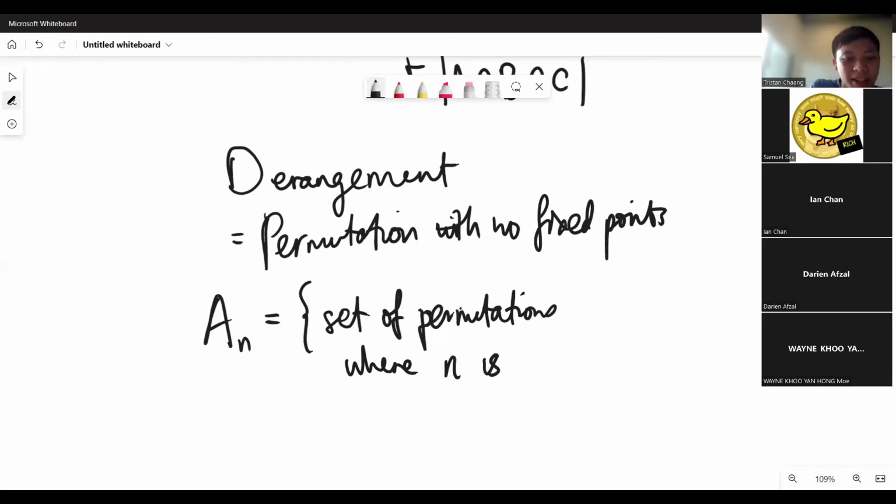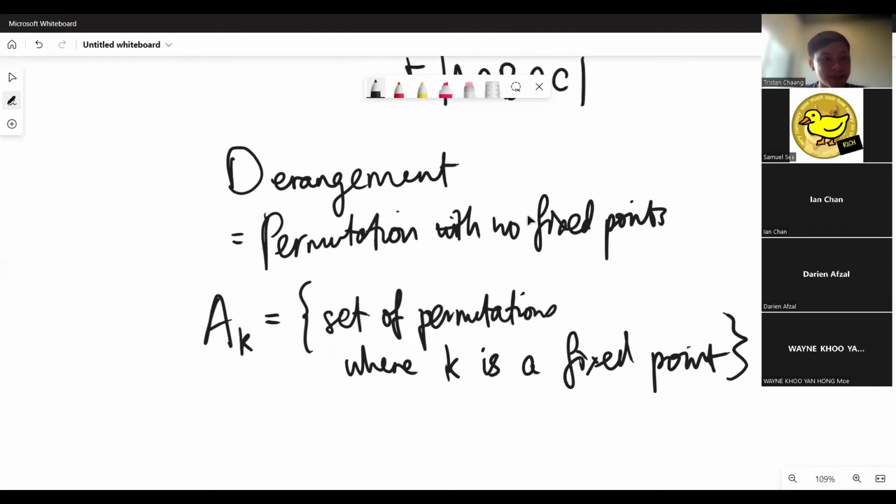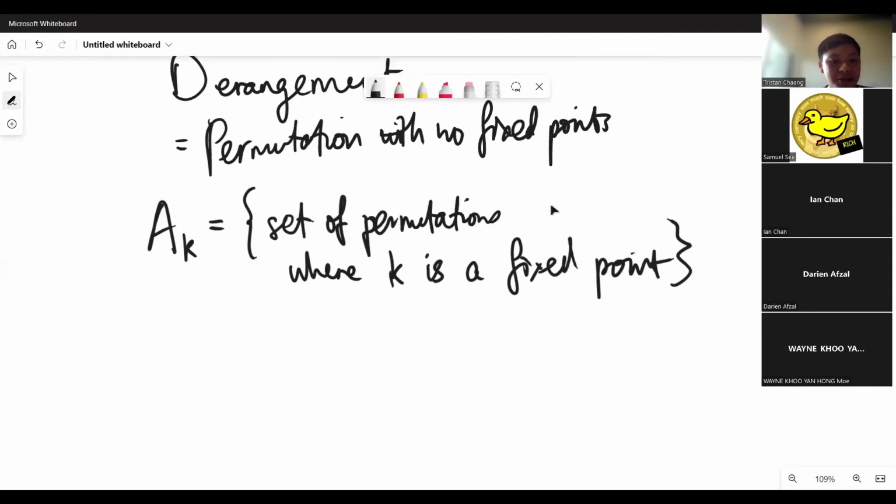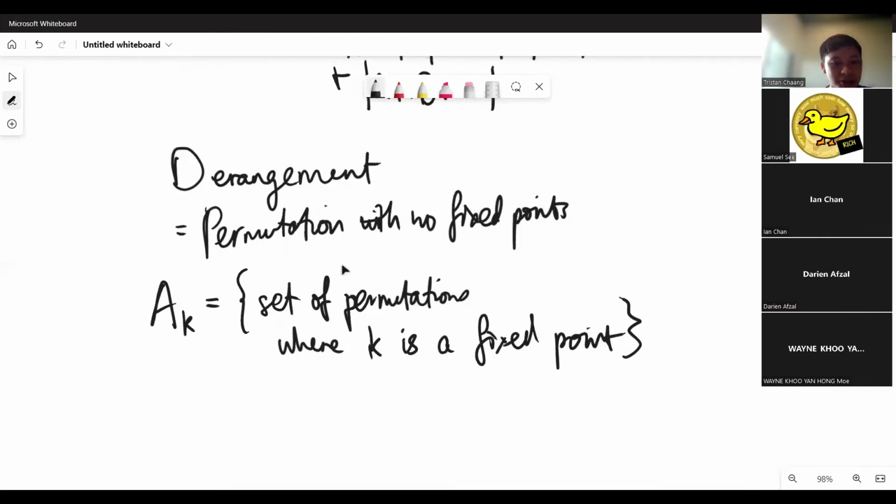Sorry, I should put k because n is the total number. I want to directly find a general form for this. So I let A_k be the set of permutations where k is a fixed point. So I fix k. I don't care whether I fix the other ones. I just want to fix k.